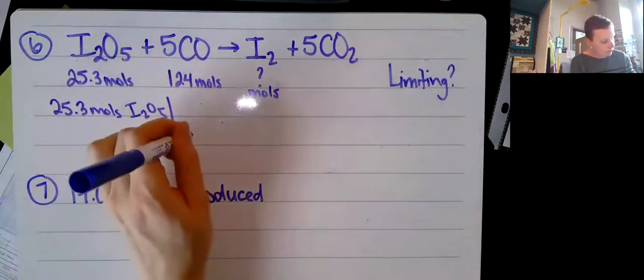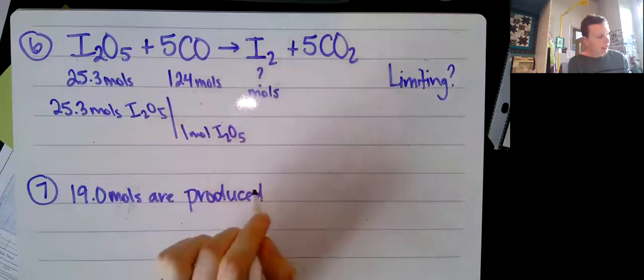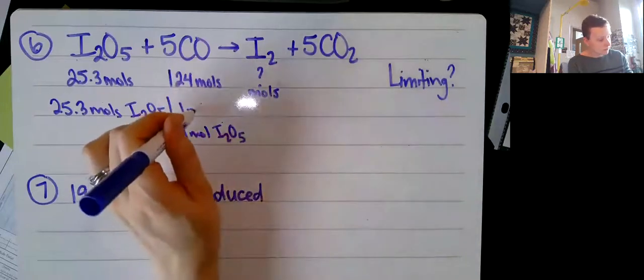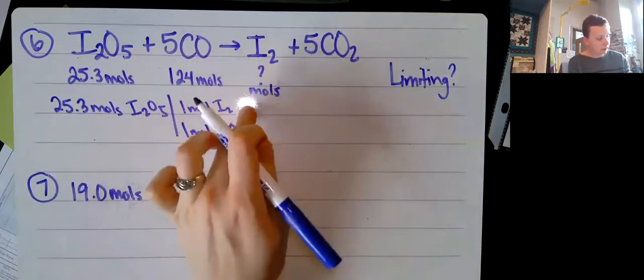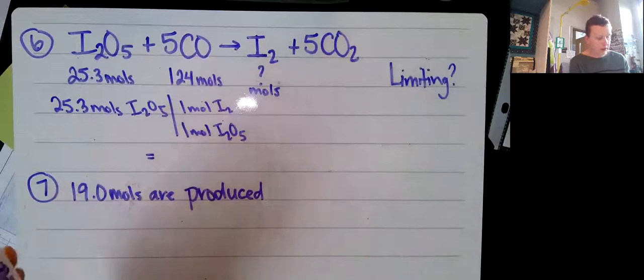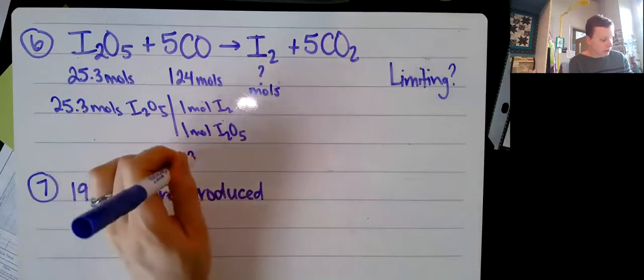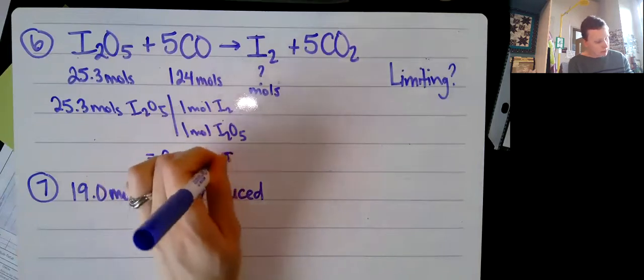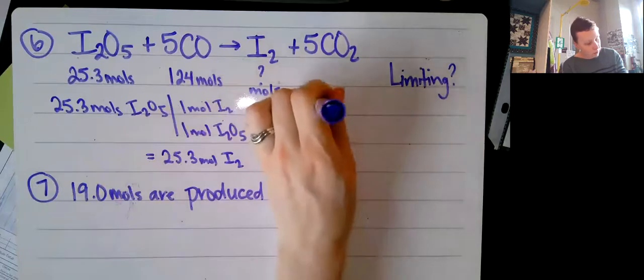I2O5 is 1 mole, and iodine is only 1 mole. I'm going to put my answer for that one down here. So that's 25.3, because multiplying and dividing by 1 doesn't change your answer, but we just changed our units to iodine.